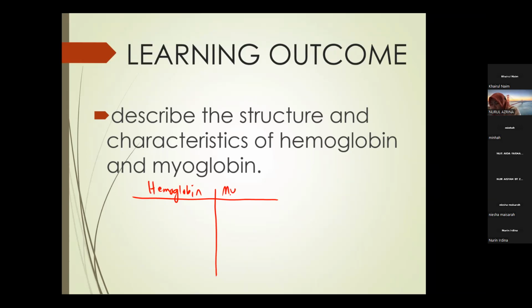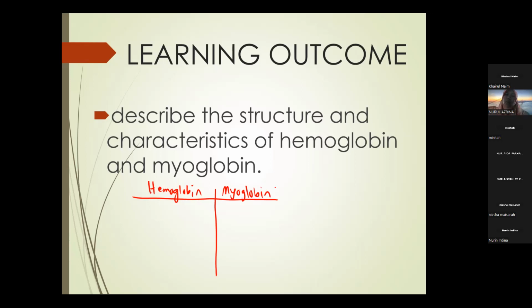Okay. So the thing that is very important for this part is just the comparison in terms of the structure of hemoglobin and myoglobin. So the table of comparison between hemoglobin and myoglobin is all that you need. So now let's discuss together.